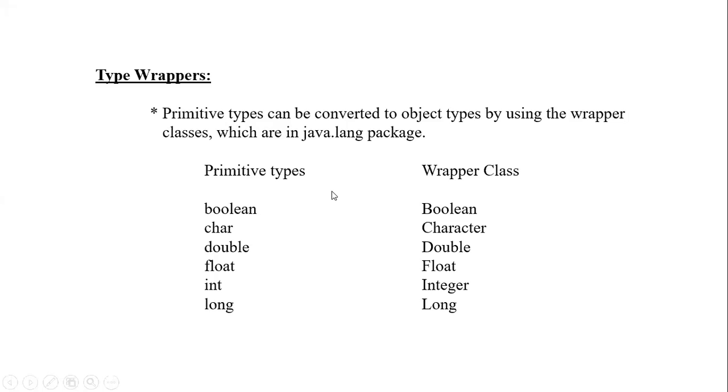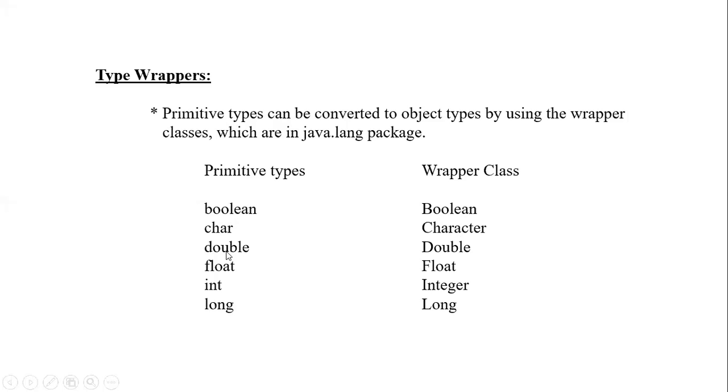Right. So you have something called type wrappers or wrapper classes. Wrapper classes are nothing but envelopes, right? You have data, and for that data you want an envelope. Those envelopes are your wrappers. Wrapper is nothing but covering, so covering classes. If you have a primitive type called boolean, you have a wrapper class which is called Boolean. For the char primitive type, you have a wrapper class called Character.